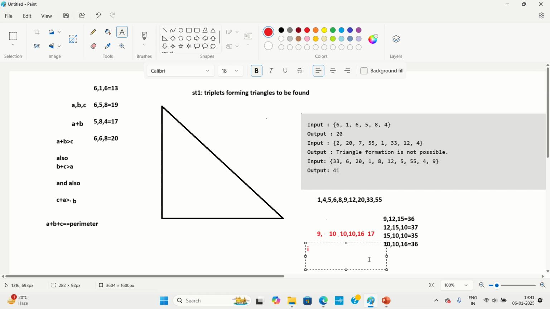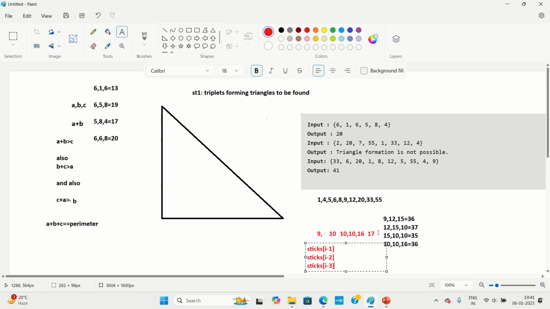We will be choosing the triplets like: first triplet is sticks of i minus 1, sticks of i minus 2, and sticks of i minus 3, once the array is sorted. So see, i minus 1 is 17, then 16, and 10. So 10 is by default here the maximum minimum side.